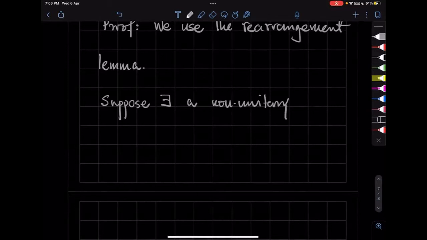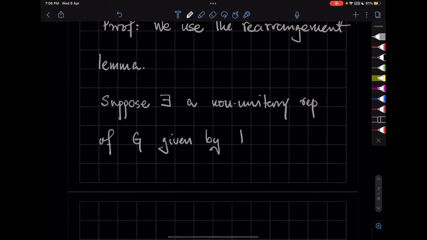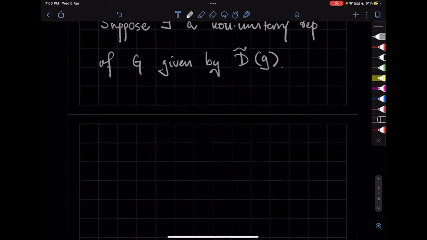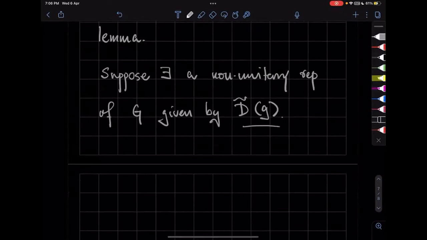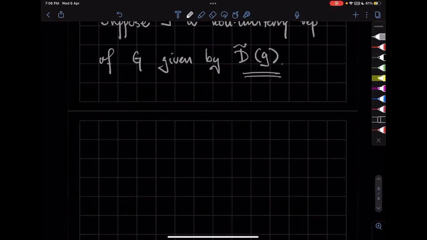Because they are matrices, we're talking about matrix representation. Suppose there exists a non-unitary representation of G, given by the matrices d tilde of G. Okay. So these are not unitary. So the idea is to construct a unitary representation.